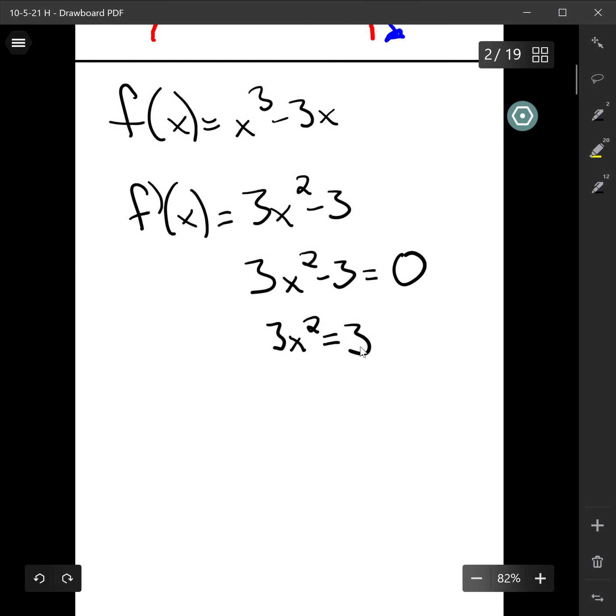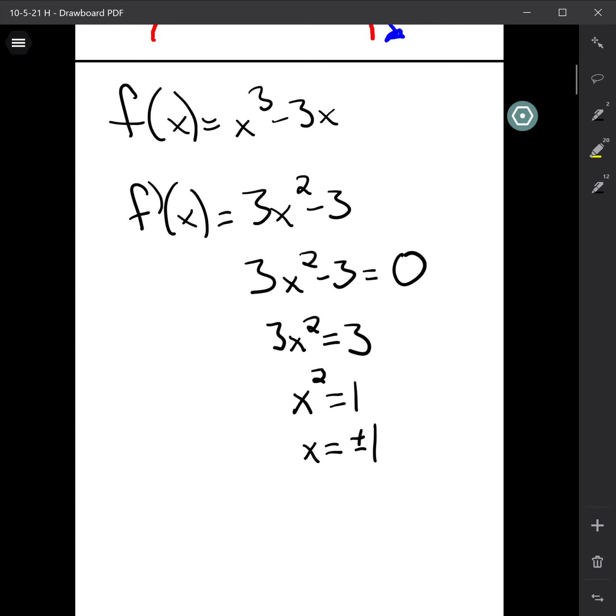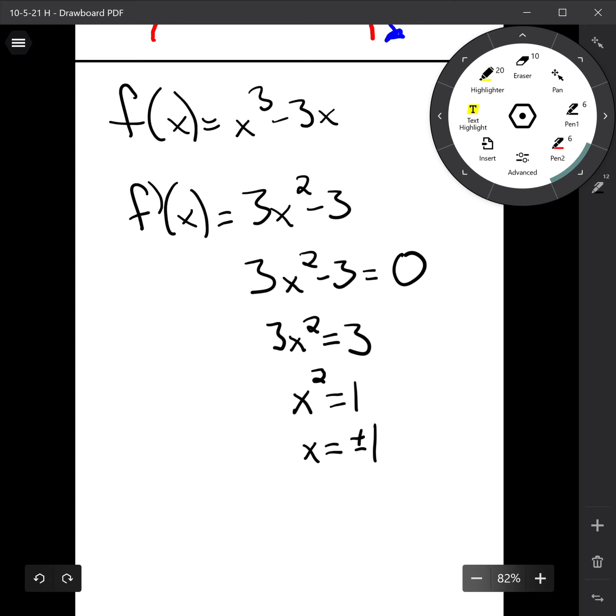Add over to the 3 to get 3x squared equals 3. Divide by 3 to get x squared equals 1, and then square root both sides to get plus or minus. Remember the plus or minus here. And boom, these are my critical points.